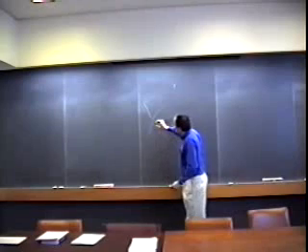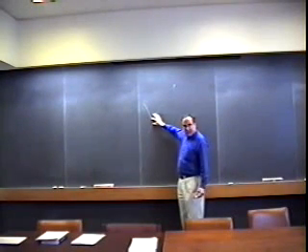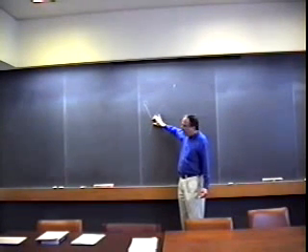When you have really, really weak configuration interactions, really weak electrostatic perturbation, then you get this cusp.